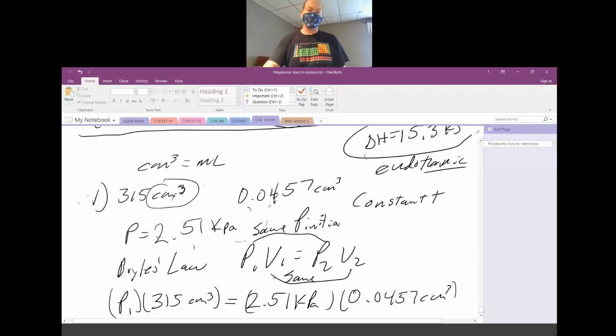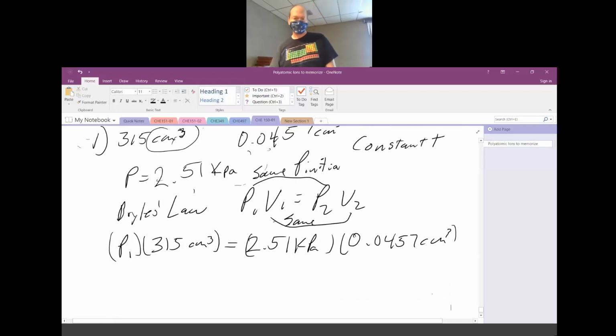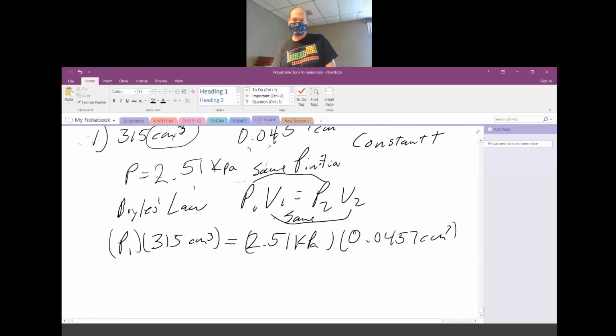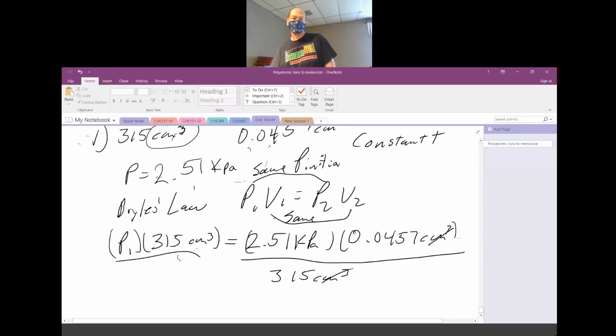And so you simply divide both sides by 315 centimeters cubed, and you have your answer. So this is a very simple question. The 315 centimeters cubed cancel. It didn't ask for a certain pressure, it just says, what is the pressure? And so you push the buttons and your answer is going to be given in kilopascals.